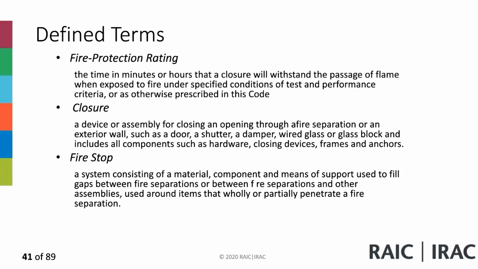So the closure is like a door or a window opening. A fire stop, if you're looking at it, is a penetration or a joint. And they both are tested to tests that provide them a fire protection rating in minutes or hours that they pass, and they withstand the passage of flame when exposed to fire under specified conditions.